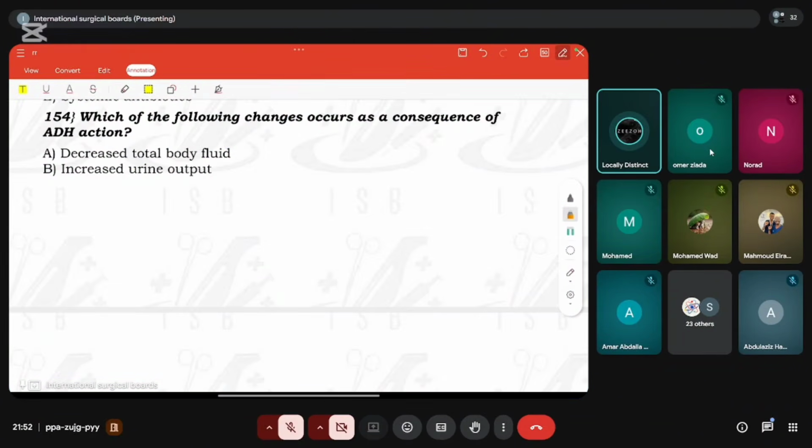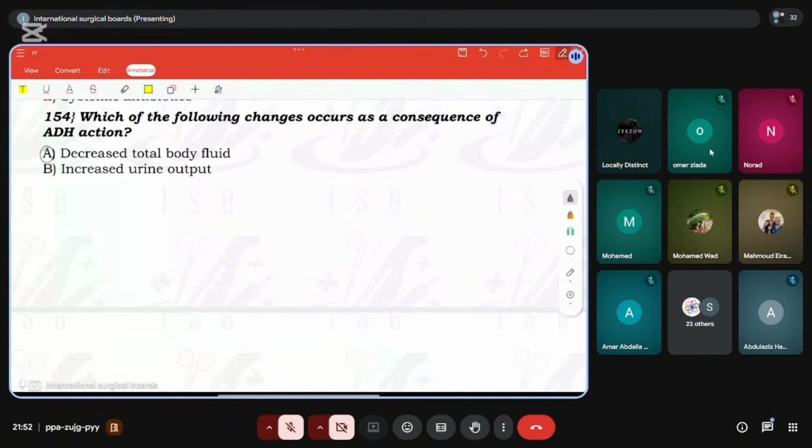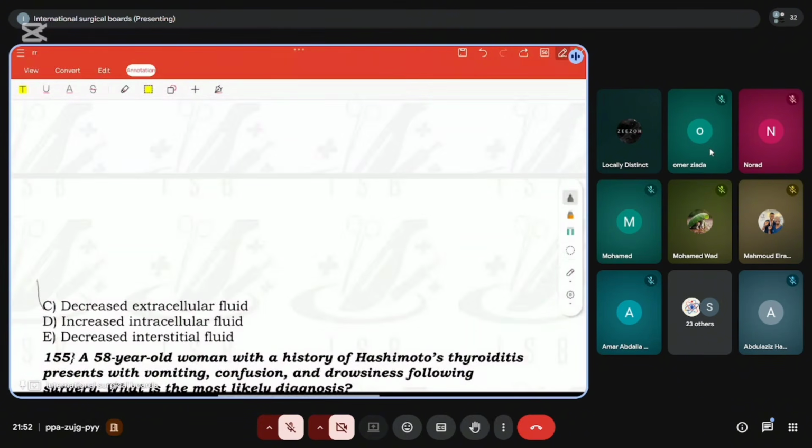Which of the following changes occurs as a consequence of ADH action? Okay. Probably decreases urine output if it's there. So they told you here, A, decreased total body water, increased urine output, decreased extracellular fluid, increased intracellular fluid, decreased interstitial fluid. No, this option is not there.